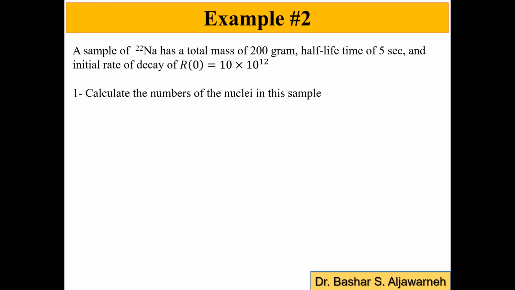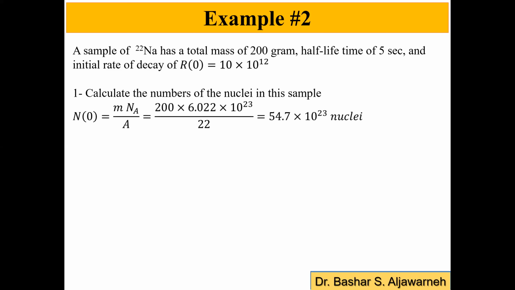In other words, we are going to calculate the number of atoms. You need to use your skills from the chemistry course, where we relate the number of nuclei or atoms with Avogadro's number and the mass of the sample. So N equals M times Avogadro number divided by the atomic mass.